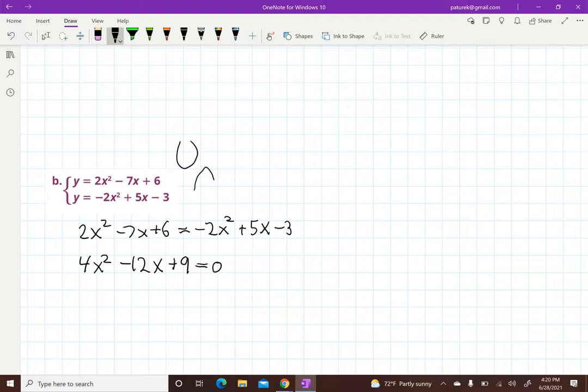Now, some of you students are good at chunking, where you let u be equal to, let's say, 2x or something crazy, or doing the box method where you're looking for the factors of 36. That's from this business of the 4x squared goes here, the 9 goes there, and you're looking for factors of the product, 36x squared.